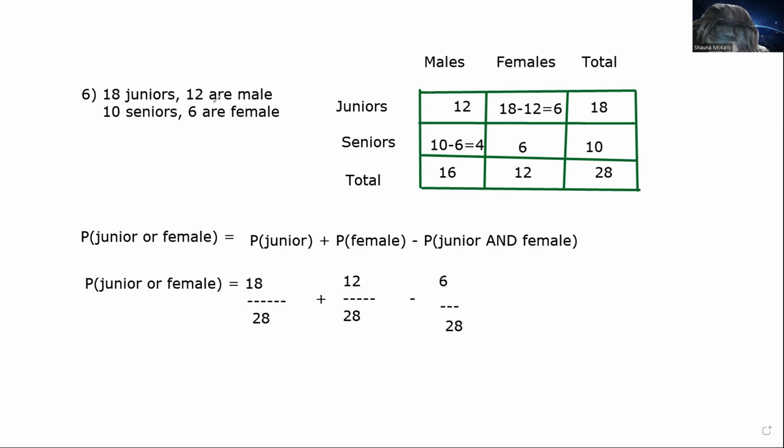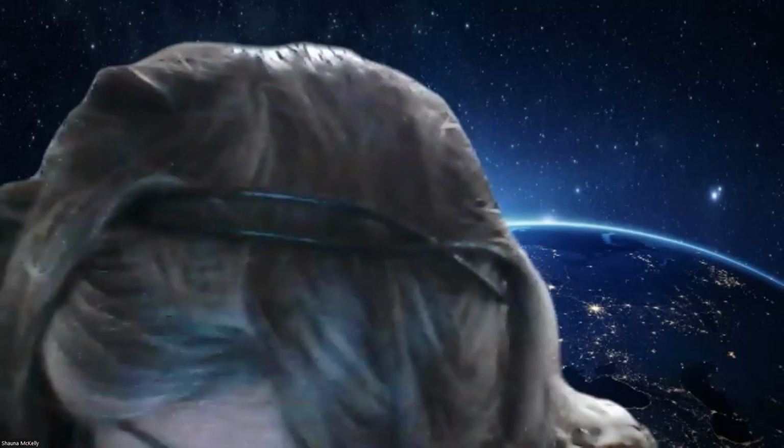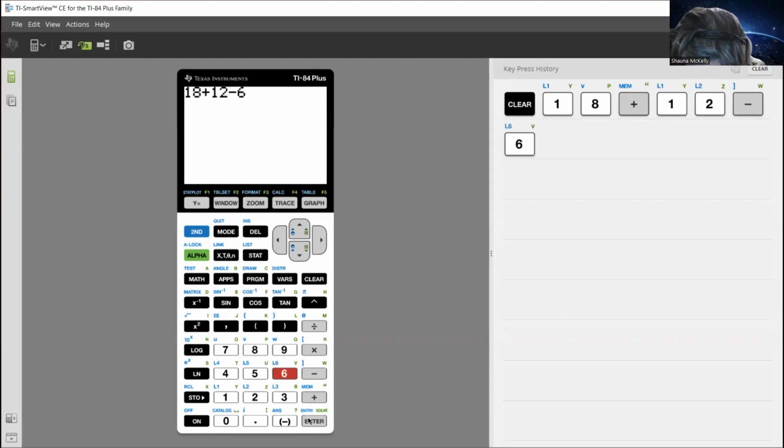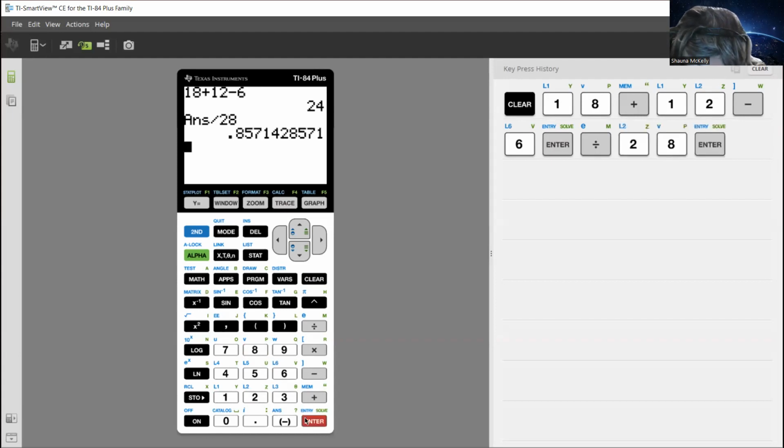So here I have 18 plus 12 minus 6, that's 24, over 28. Now remember, we're going to reduce the fraction.